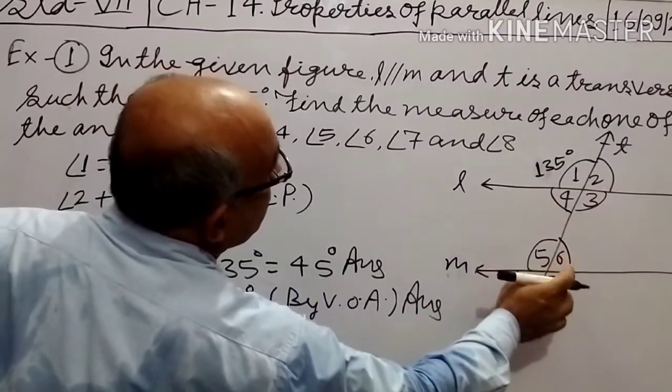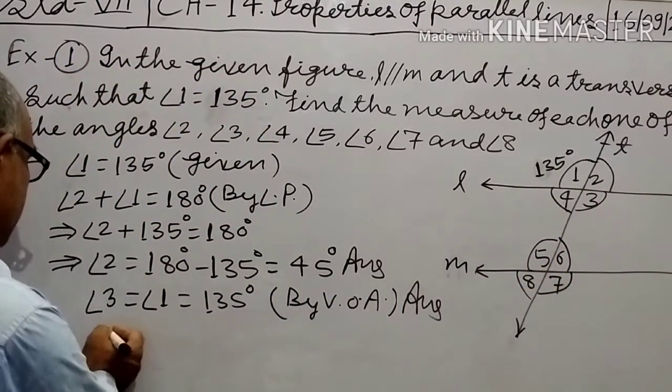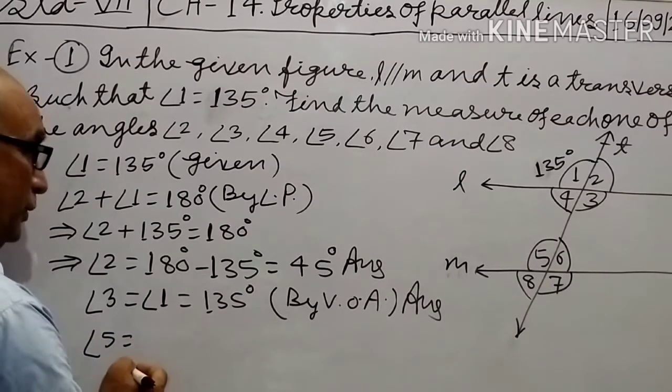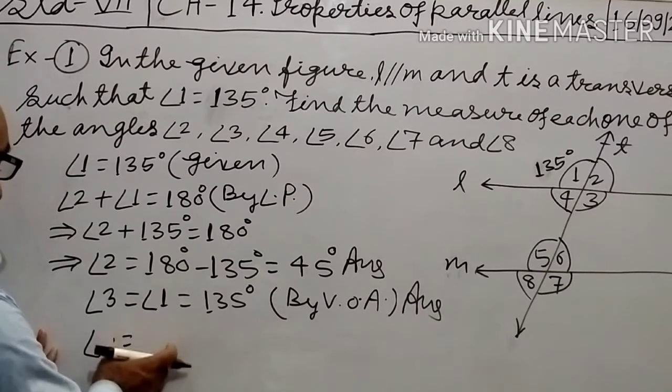Now find angle 5. So angle 1 equal to angle 5, or angle 3 equal to angle 5 also.